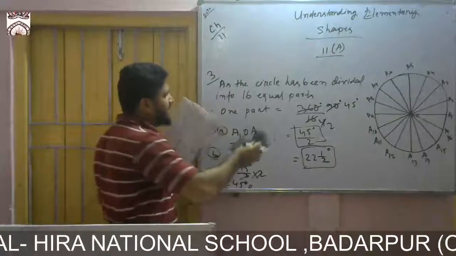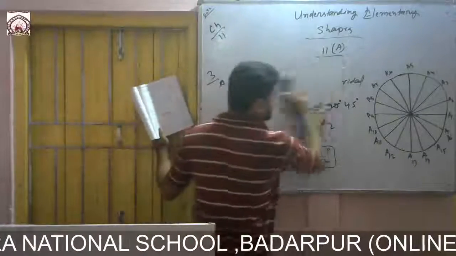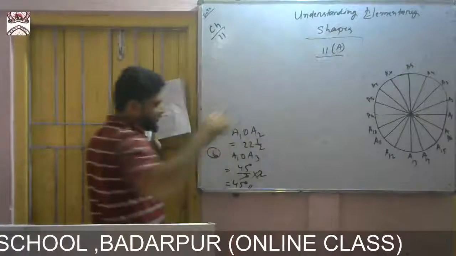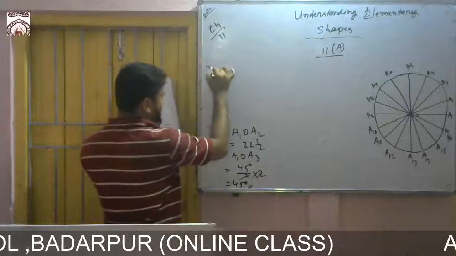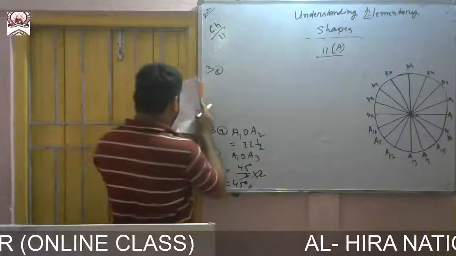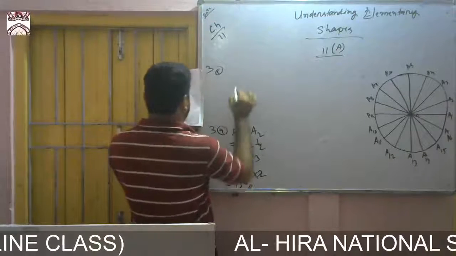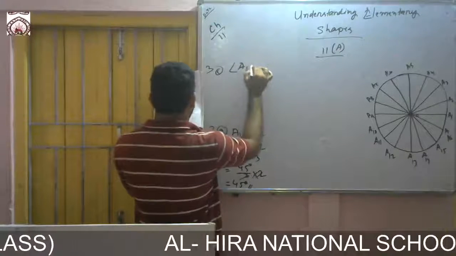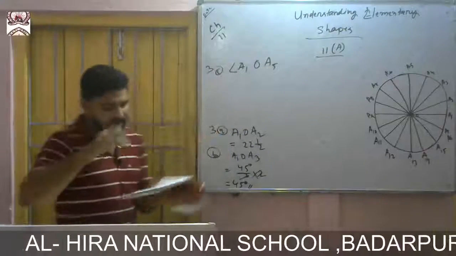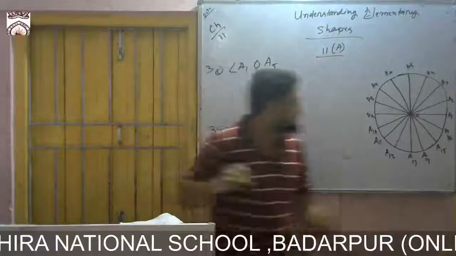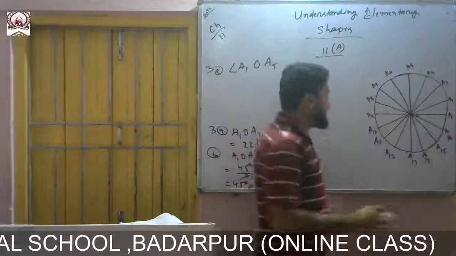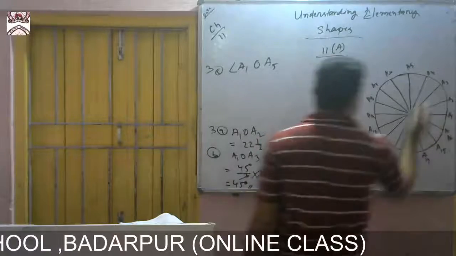Now come to 3C. What is given? A1 O A5. How many parts? 1, 2, 3, 4.